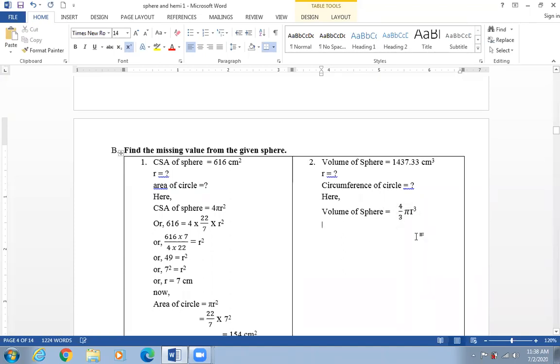Okay, now let us use the formula. Let us use the value. So volume of sphere, it is 1437.33 equals 4 by 3 into pi, which means 22 by 7.